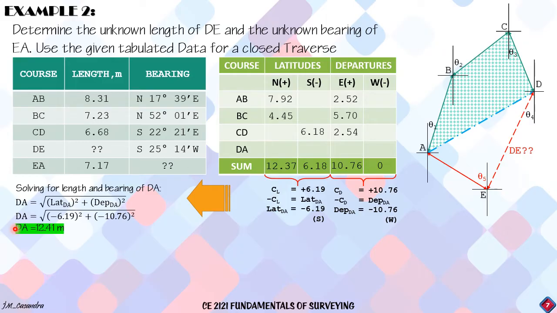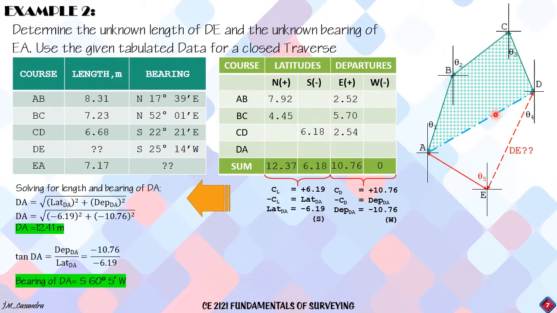And for the bearing of closing line DA, we have tangent of departure all over latitude. So we get south 60 degrees 5 minutes west. Meaning this angle from the vertical at point D to line DA is 60 degrees 5 minutes.